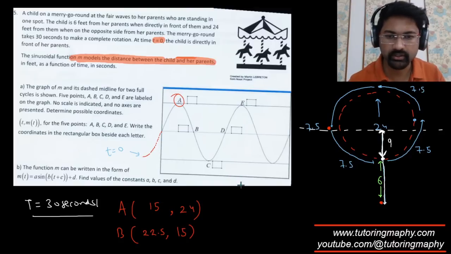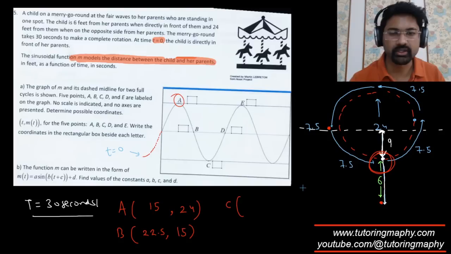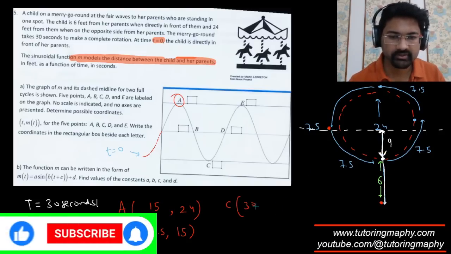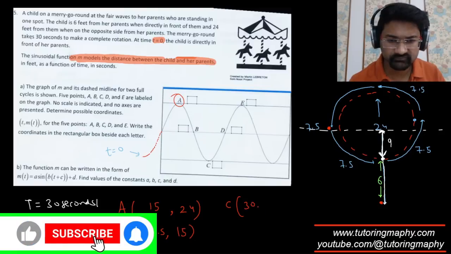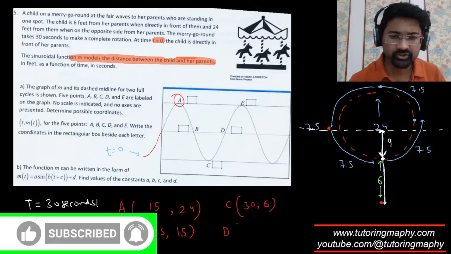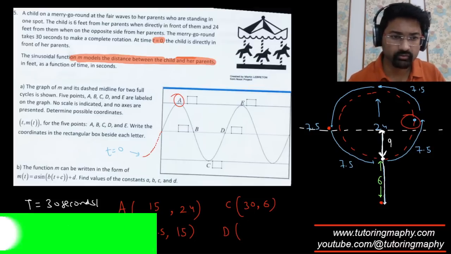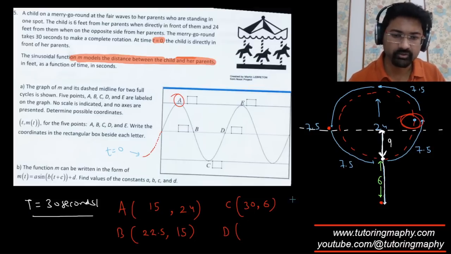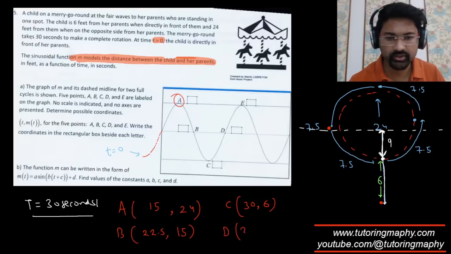22.5 is absolutely correct. Then C is where she comes back at this position, which is another 7.5 being added, which is 30. So this is 30 over here, and the distance is definitely 6. And for position D, it is once again going over here, which is another 7.5 being added, which is going to be 37.5. And the distance is going to be same as position B, which is 15.